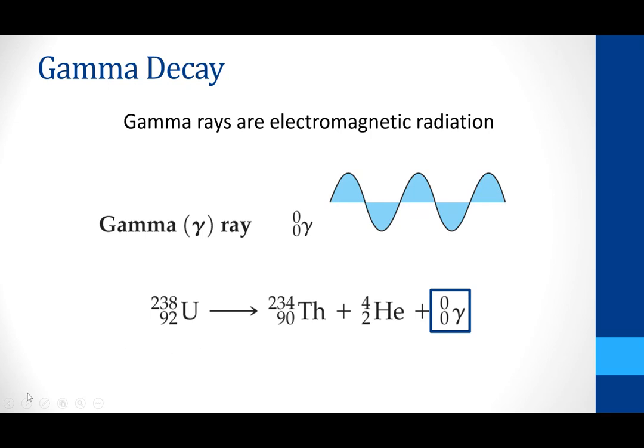So here we see alpha decay from the first example, and there's also some gamma radiation that gets emitted with that. The gamma radiation is depicted with a 0 and 0 because no particles are given off. It's just a wave. And then this funky looking thing, the gamma symbol, is the symbol that we use.